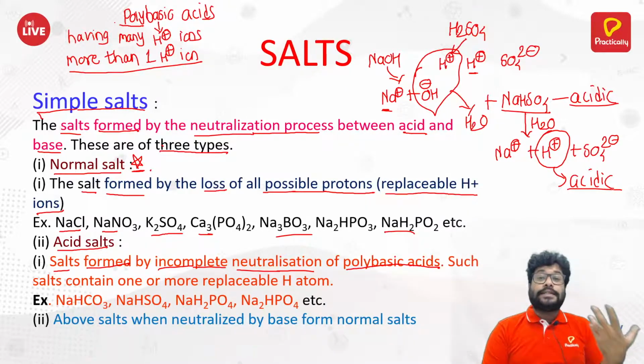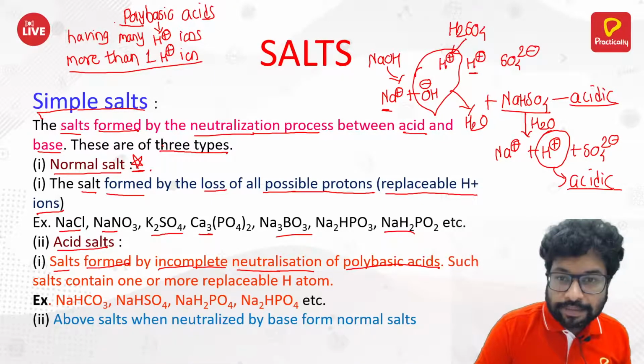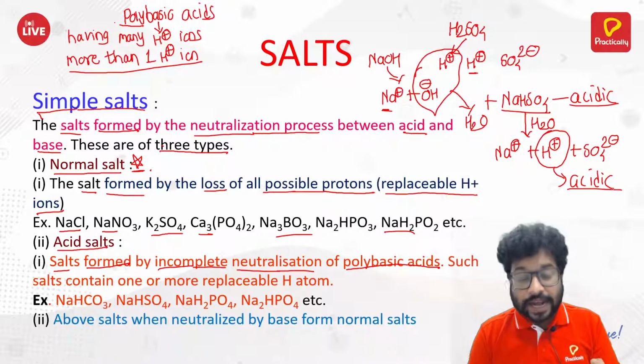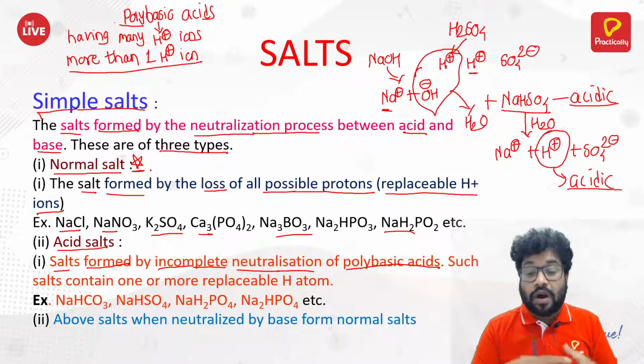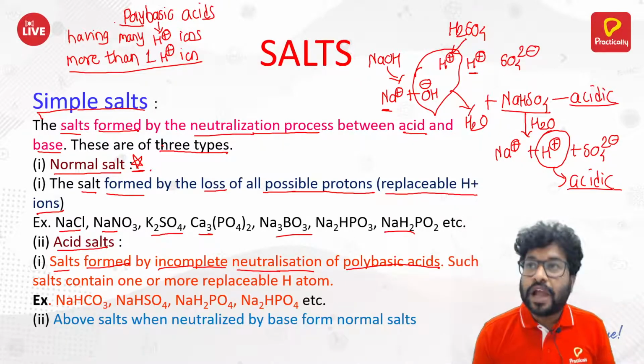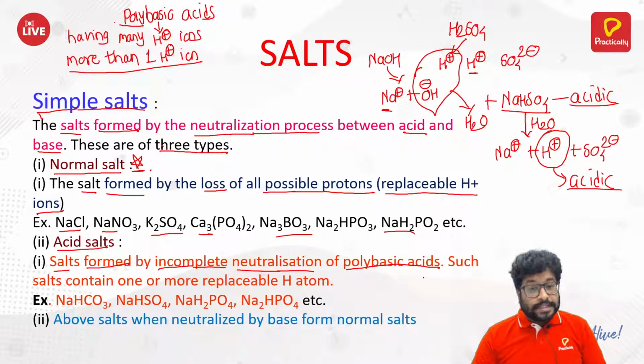Since it can release H plus ion, we call it an acidic salt, because when it reacted with a base, the base could abstract only one proton, not all the protons from it. You can also call it incomplete neutralization. The salts are formed by incomplete neutralization of polybasic acids.